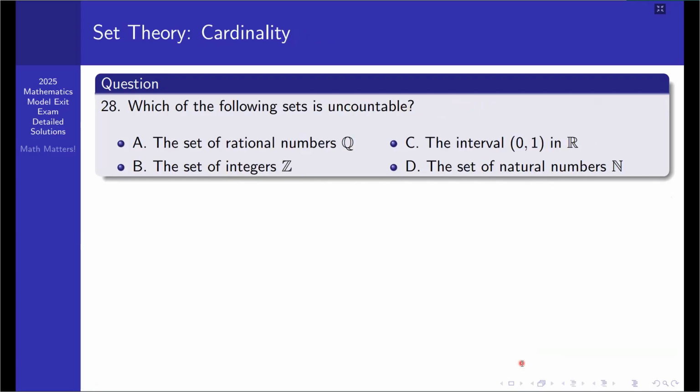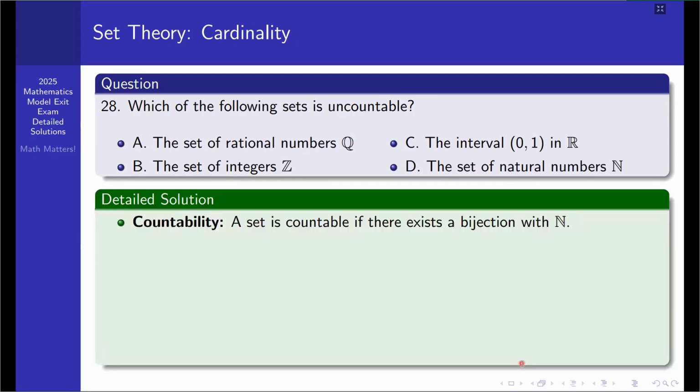Question number 28. Which of the following sets is uncountable? First, let us see what a countable and uncountable set is. Countability: a set is said to be countable if there exists a bijection with the set of natural numbers, that is, a one-to-one correspondence between the elements of the given set and the set of natural numbers.